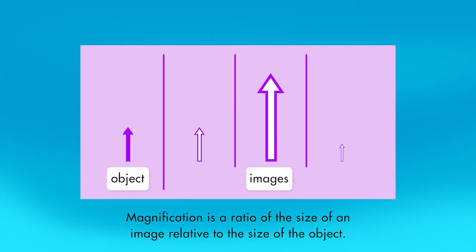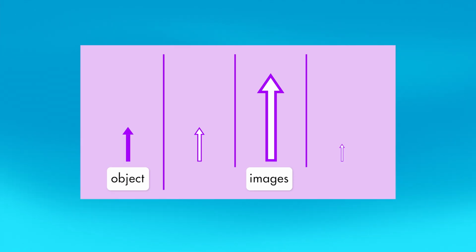A ratio of the size of an image relative to the size of the object is called magnification. We often think of the word magnification as enlarging, but in physics, magnification can be enlarging or diminishing. If the image appears to be the same size as the object, the mirror has a magnification of +1. If the image appears larger than the object, the magnification of the mirror is greater than 1.